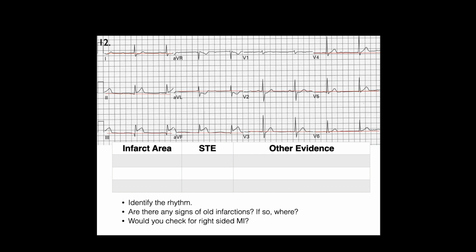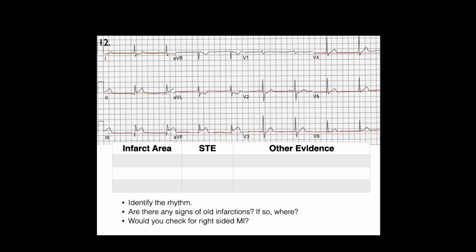It's me, sorry. Okay, we have ST elevation in 2, 3 and aVF, inferior, and it looks like maybe some similar changes in 1 and aVL.